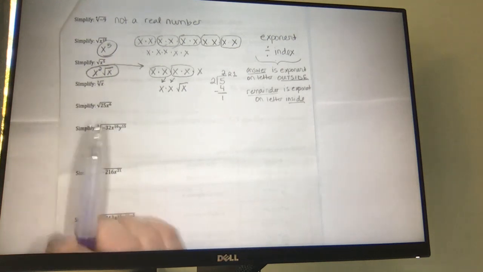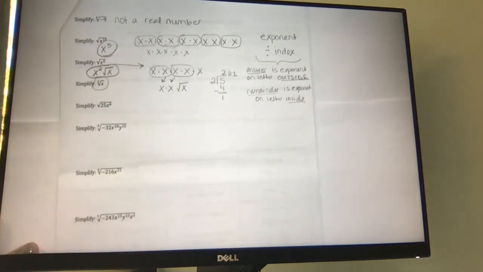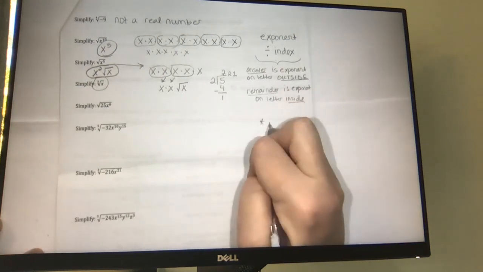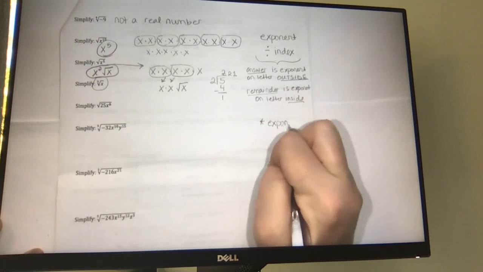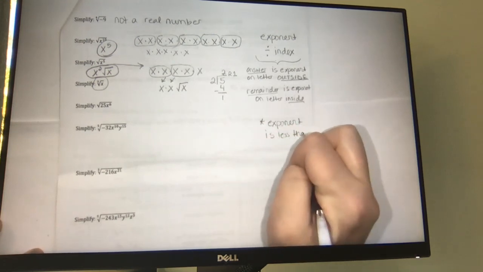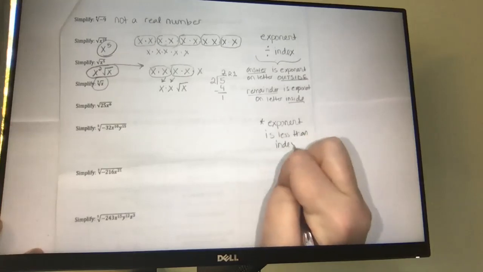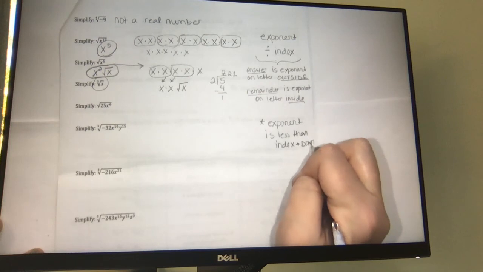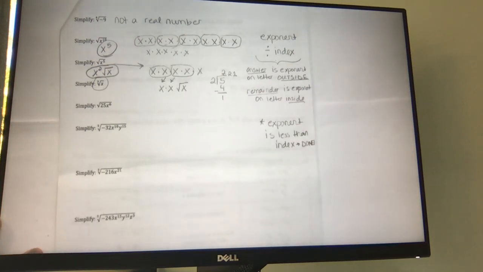I'm not going to be able to do anything at all. So he's done. He's already simplified. So another thing you want to remember is that if your exponent is less than your index, you're done. There's nothing you can do. You're done. Okay.